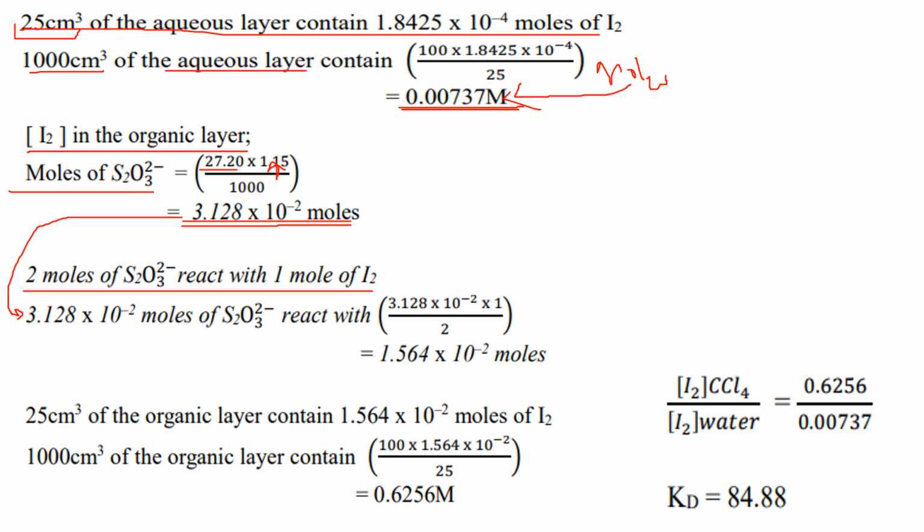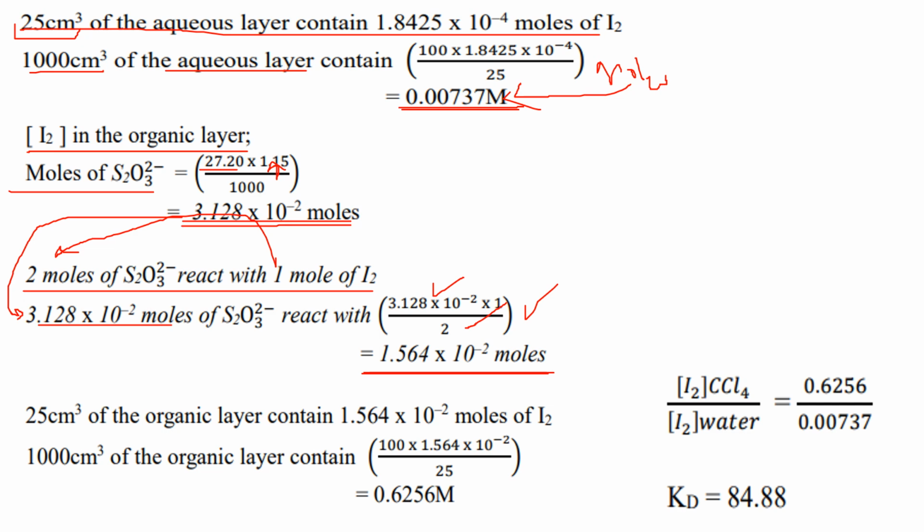It's going to be 1 divided by 2 times these moles, which is 3.128 exponential negative 2, and you are going to get 1.56 exponential negative 2 moles. So these are the number of moles of iodine that reacted with sodium thiosulfate.